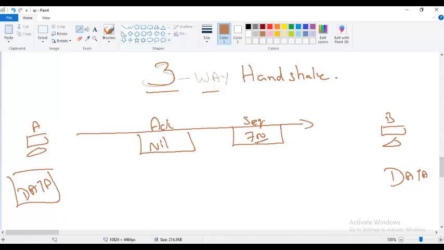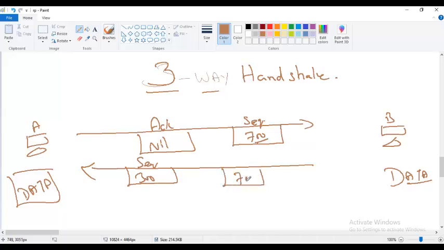So now the packet is going. If B is there to accept it and B is in a position to respond to it, then B will also send a dummy packet. B also wants to send data. So B will send a dummy packet with a sequence number, let's say 300, and an acknowledgement of 701.